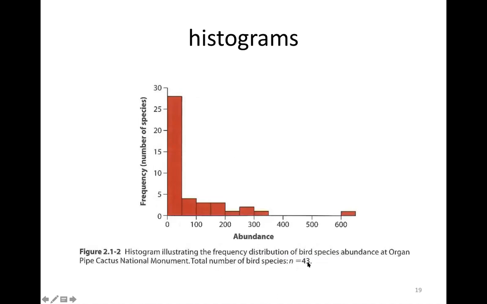In the legend, as you see, the total number of species is also described. The legends tell us what's going on. This is the frequency, number of species. This is the abundance per species.